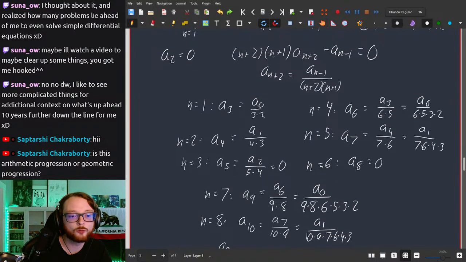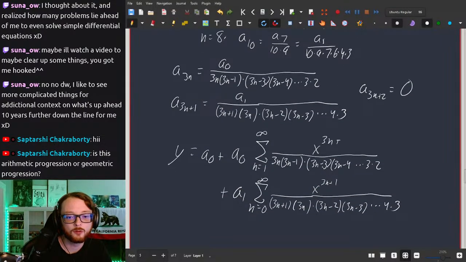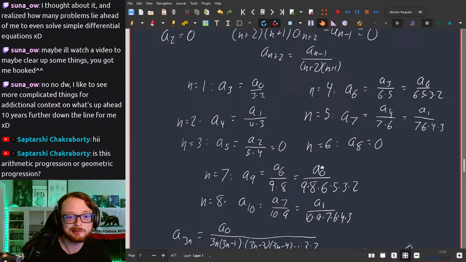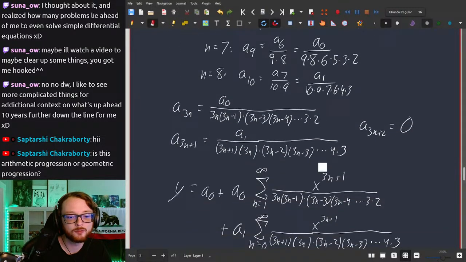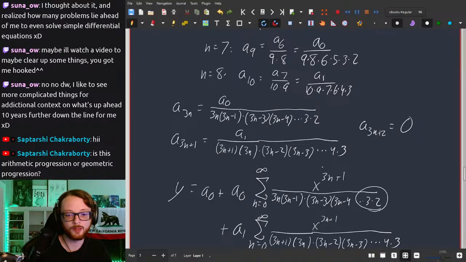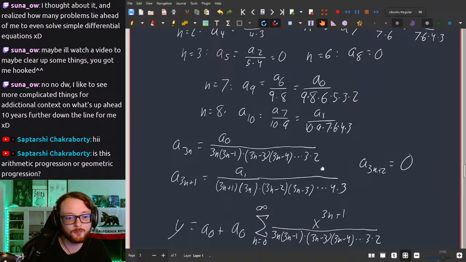So if n equals 1, we want these coefficients. So that's 1 mod 3. And I think we make it start from 0, as long as it's understood that when n equals 0, we have that.